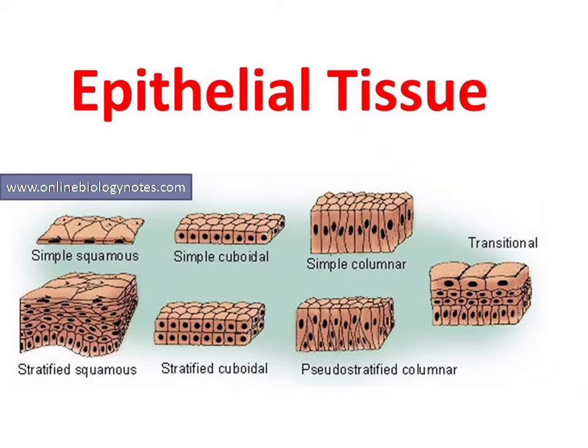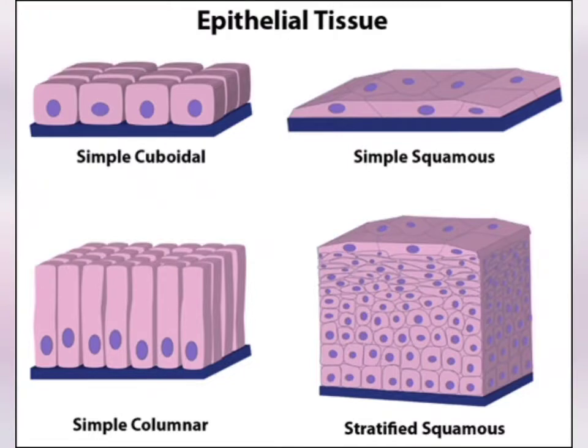Now, what are the types of epithelium? According to the arrangement of layers, it will be classified into 2 groups: simple epithelium and stratified epithelium. Simple epithelium means the tissue is made of a single layer of cells, whereas stratified epithelium indicates the tissue consists of more than one layer of cells.